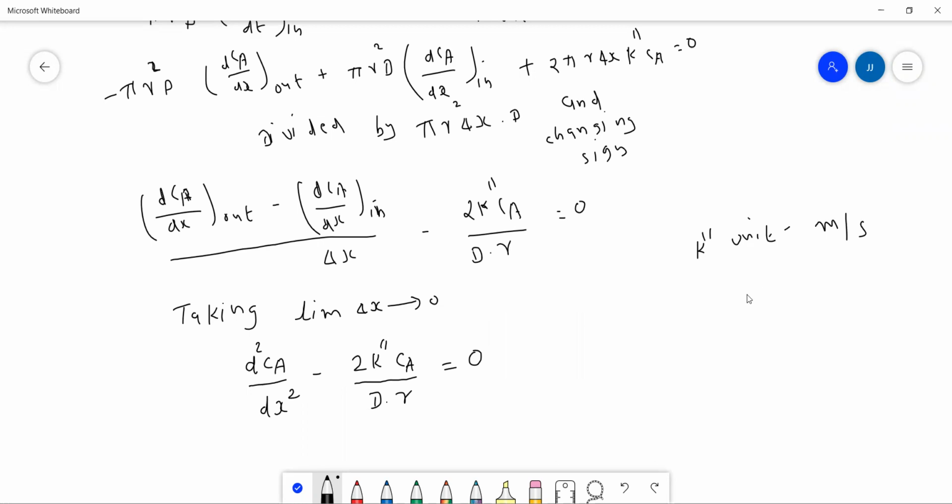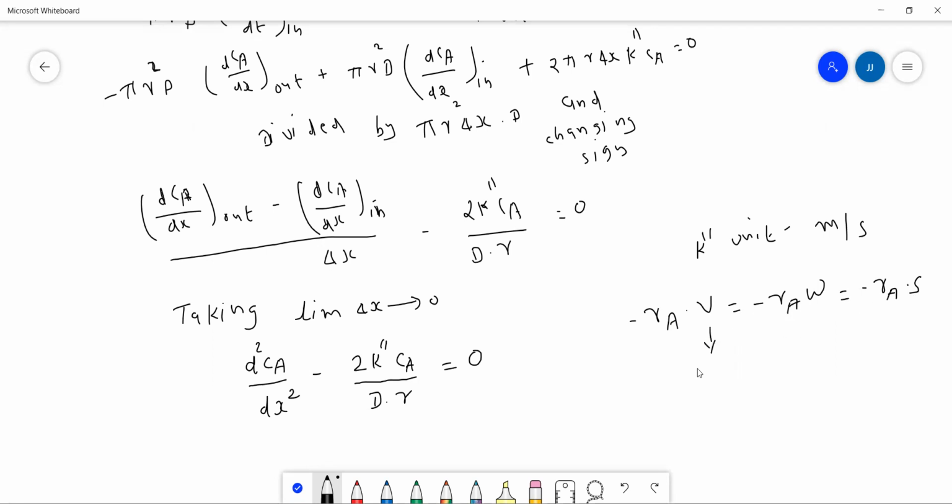Now rates can also be determined in various geometries. For example, we have minus Ra prime based upon the unit volume of catalyst, the same as minus Ra based upon the weight of catalyst. Similarly, we can write minus Ra based on surface area.